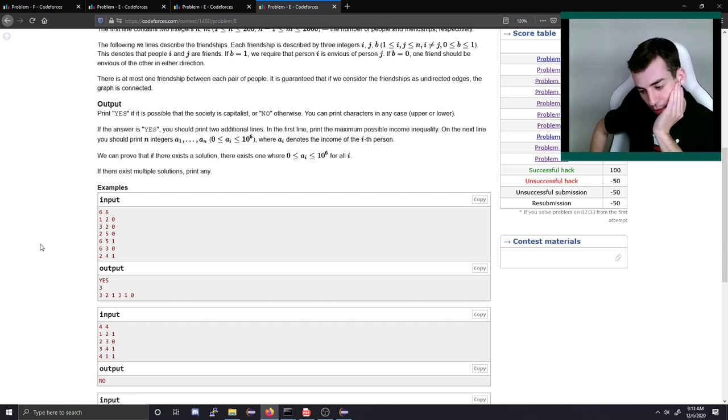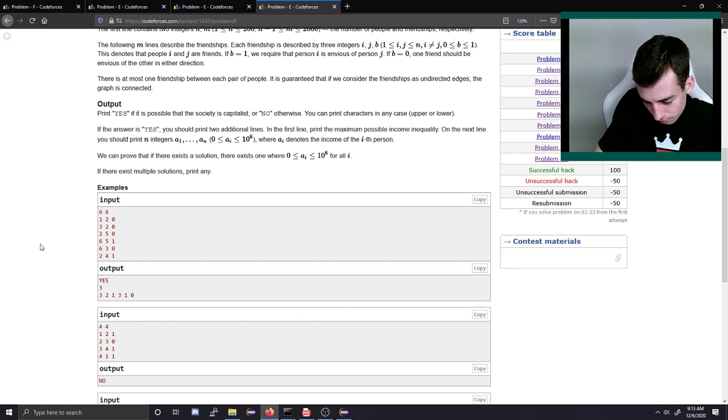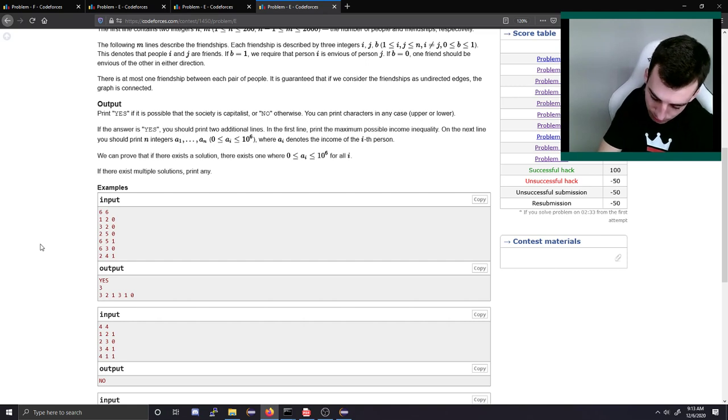Okay, we need to find some set of wrong edges. Or find set, I guess a cut. Across non-edges and edges that go from inside to outside that should go from outside to inside.